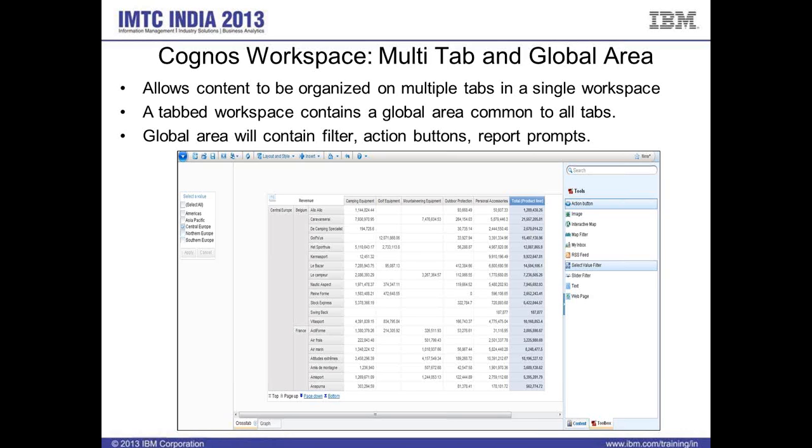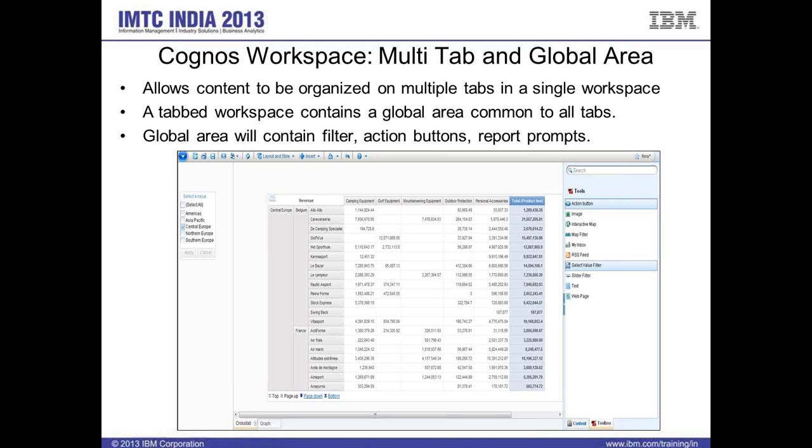You can divide your content into contextual tabs. As well, using the global area, you can put global filters, action buttons, as well as report prompts onto the global area, which get applied to all the tabs which are available in the dashboard. So basically, for example, if you want to filter all the tabs based on the year, or if you want to filter all the tabs in a particular dashboard based on the region or department, those filters can be added into the global area.